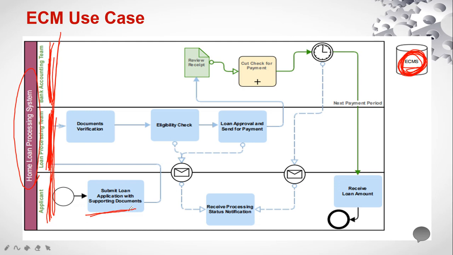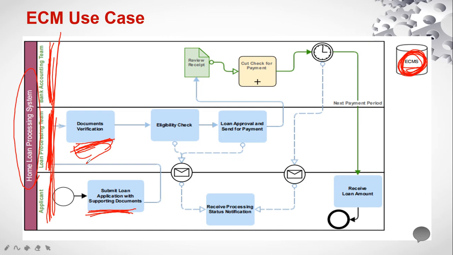All these documents I have to collect first. Once I have the documents ready, I will send my home loan application along with the supporting documents to the bank. Inside the bank, there is some process set up.